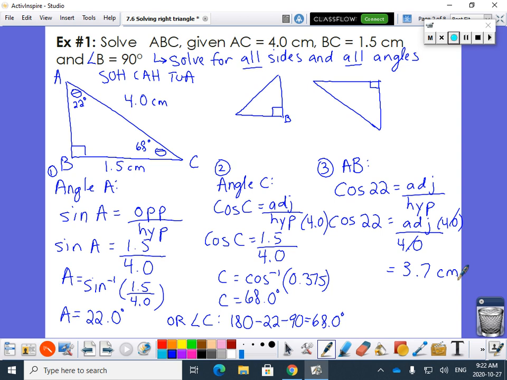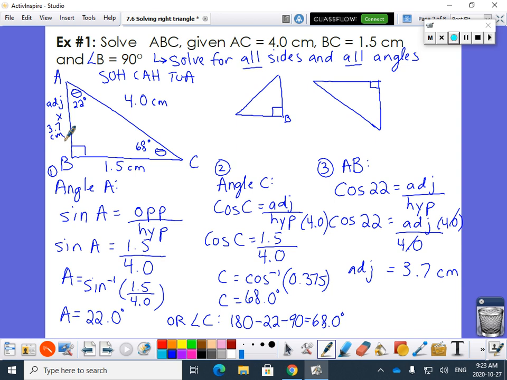Sorry, I'll put adjacent, or this could have been x. You could have subbed x in there. We could have gone like this. It doesn't matter. It's not necessarily to scale all the time, but good point.